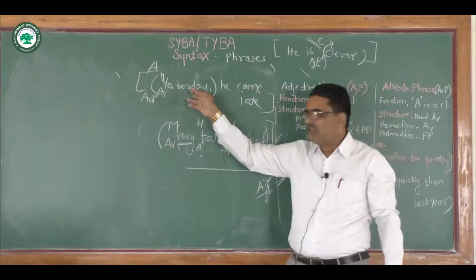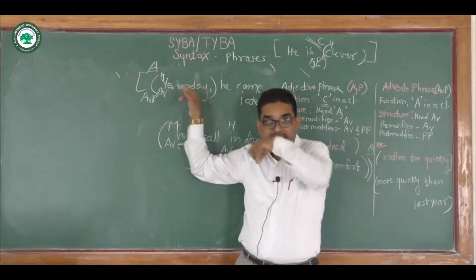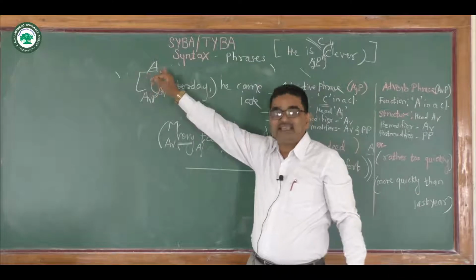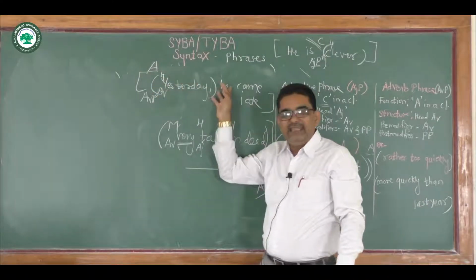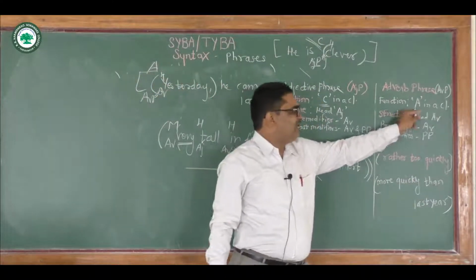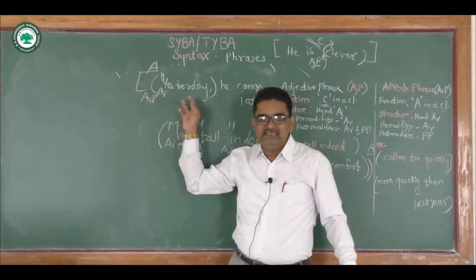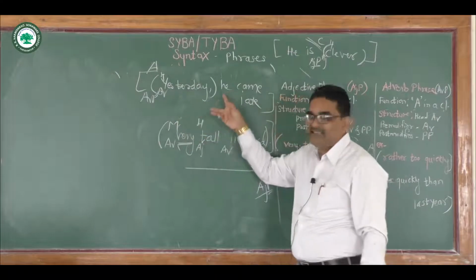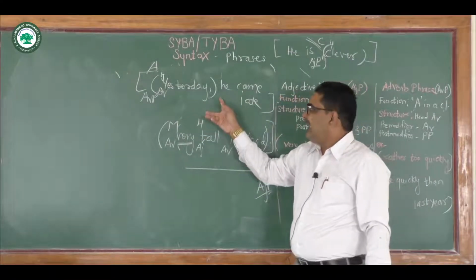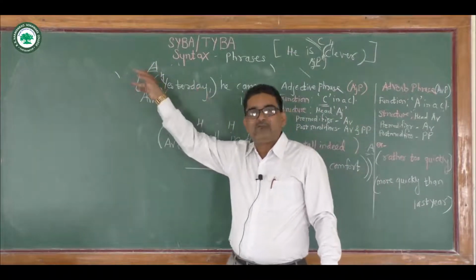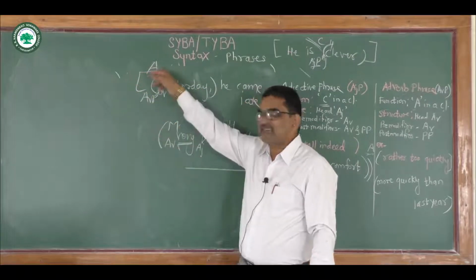What does it tell us? It tells us about the time. What time? Yesterday. But what does it function as? Adverbial. Where? In a clause. A clause is a complete sentence. In that clause, this adverbial phrase will function as an adverbial.